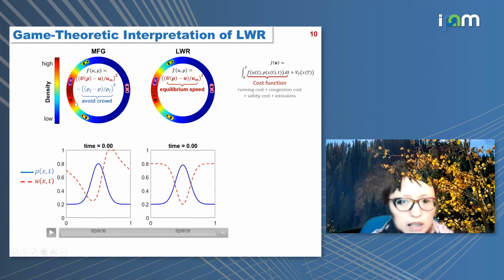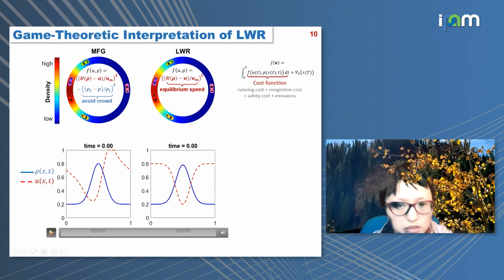We use this color palette as a background to show how the traffic density evolves in time and space. You can see we start from the exact position of the cars, and here we have a few more cars, so it's more dense. That's why we have a bell-shaped traffic density.